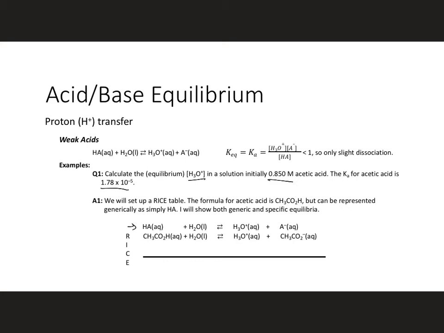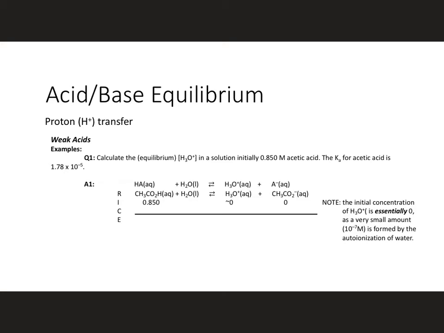We've got HA plus H2O in equilibrium with hydronium and A minus, the conjugate base. So here's my acid, CH3CO2H, there's water. The water accepts a proton, becomes hydronium, and the acetic acid loses a proton. Look, it's missing that H and it's missing a plus because it's got a negative charge, and we get the acetate ion.